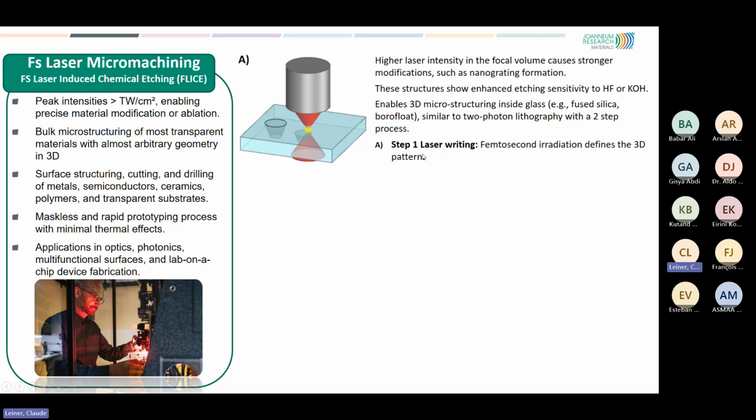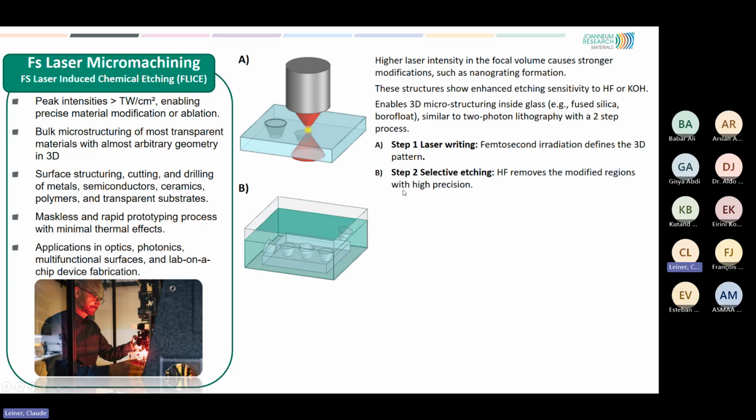This means in the first step you make a laser writing, so you are illuminating parts of your bulk material you want to remove. In these regions, the nanogratings are formed. Then in the second step, you make a selective etching process. These illuminated volumes are removed by the etching process because they have a higher etching sensitivity.